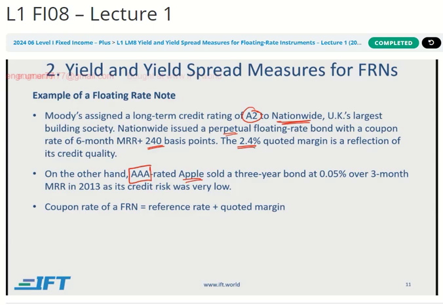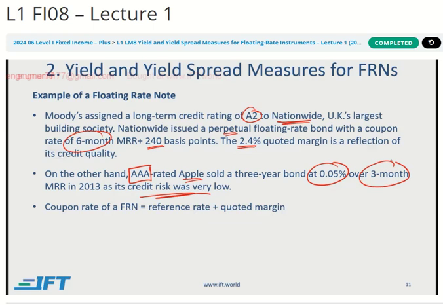Now, Apple, on the other hand, is only offering a 5 basis point or a 0.05% margin because its credit risk is low, right? So there you go. Obviously, it's a 6-month versus a 3-month, but the rates are quoted on an annual basis.